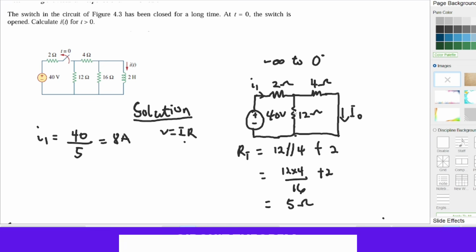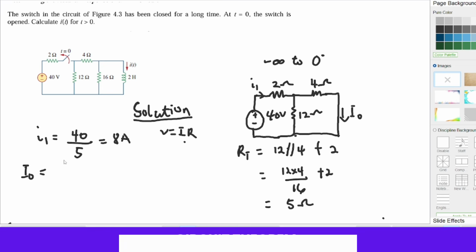But this junction splits according to Kirchhoff's current law, and I can use current division to find the current flowing through the 4 ohms, that is I naught.